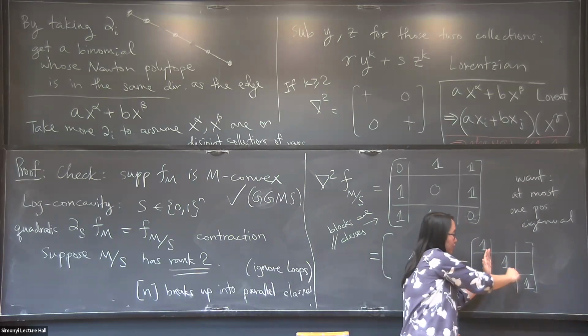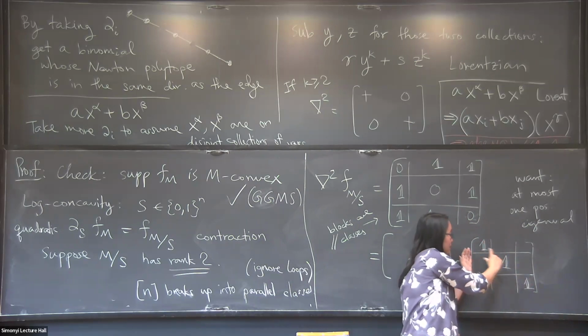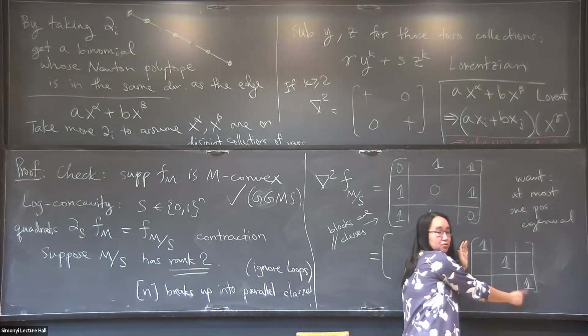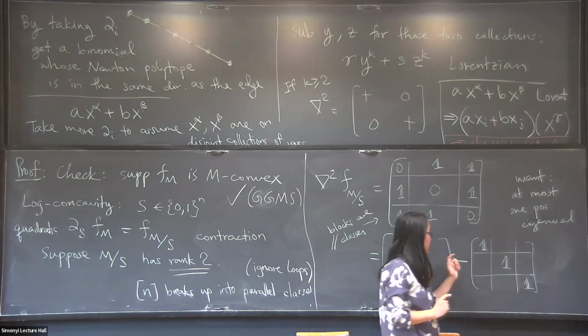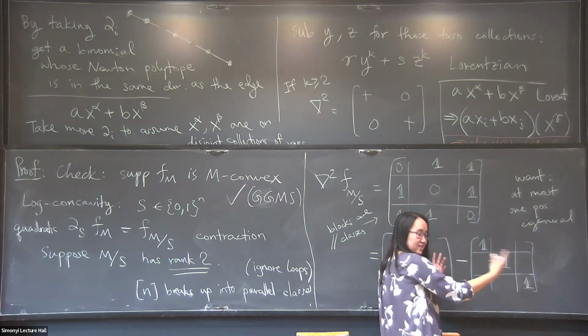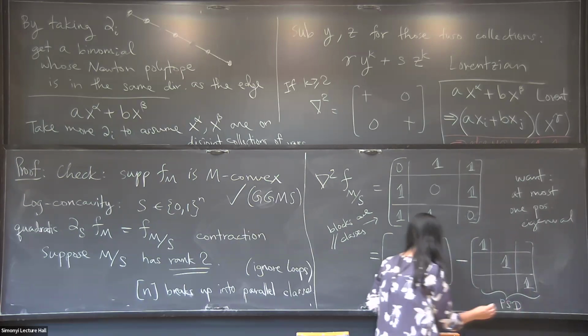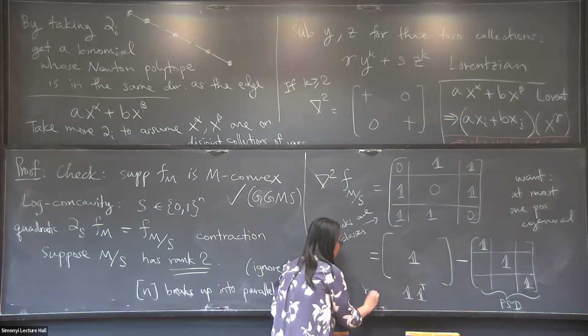So this thing with the negative sign is negative semi-definite, while the all-ones matrix is rank 1.